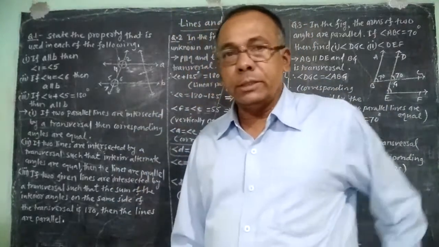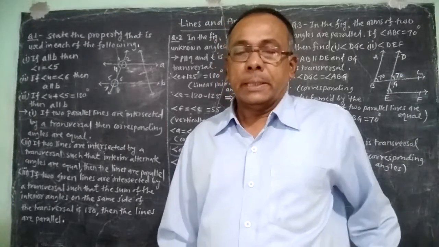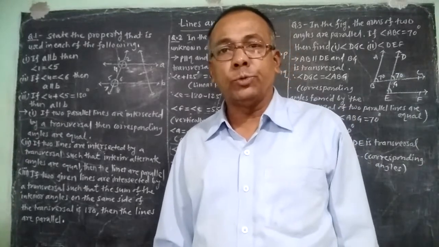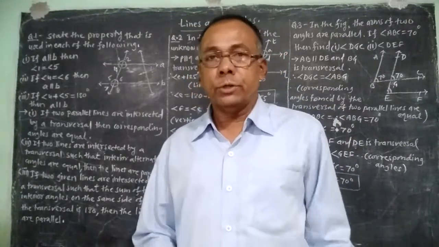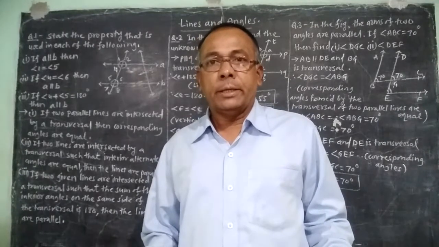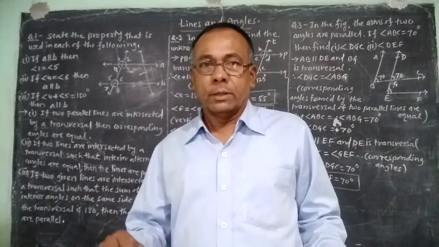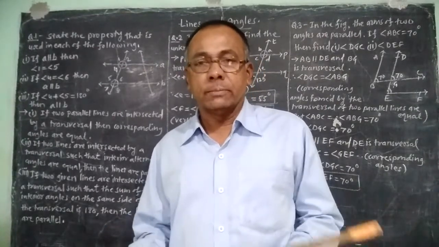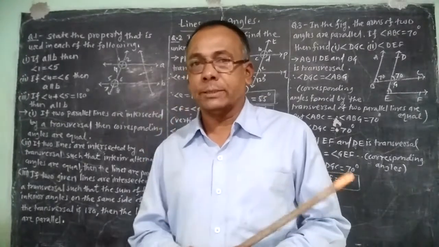Last time we have seen the angles made by the transversal of the two lines. Also, we have seen the types of angles formed due to the transversal of the two lines.